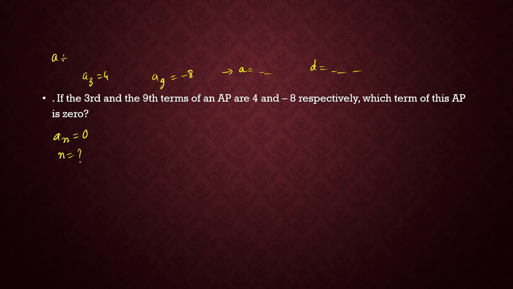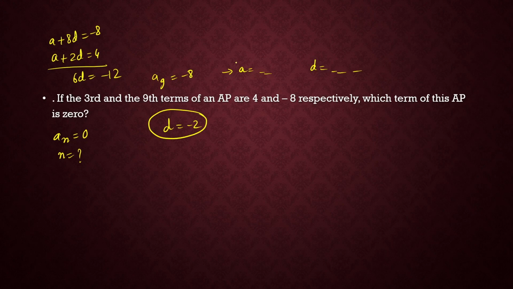So what is A3? It's A plus 2D is equal to 4. And what is A9? It is A plus 8D is equal to minus 8. Now just solve these two equations. A minus A is 0. 8 minus 2 is 6D is equal to minus 8 minus 4 is minus 12. So the value of your common difference is minus 2.